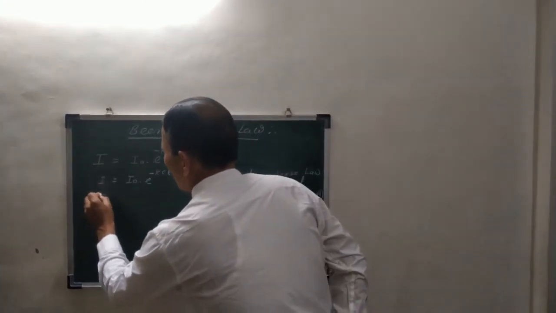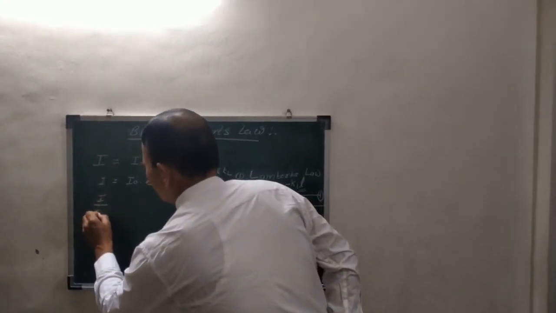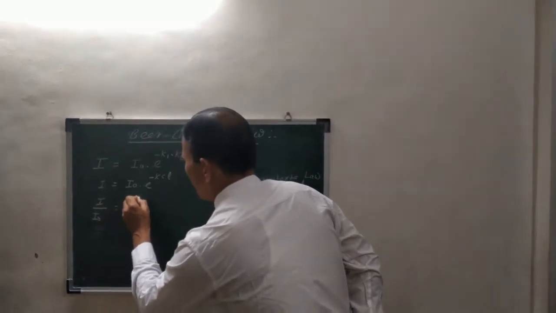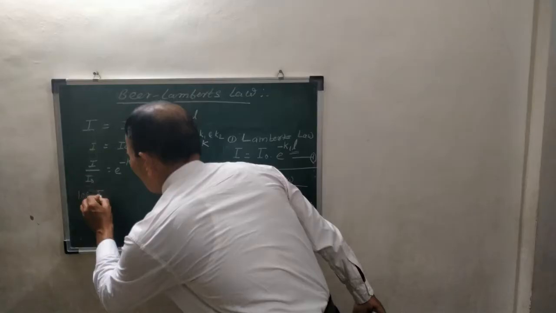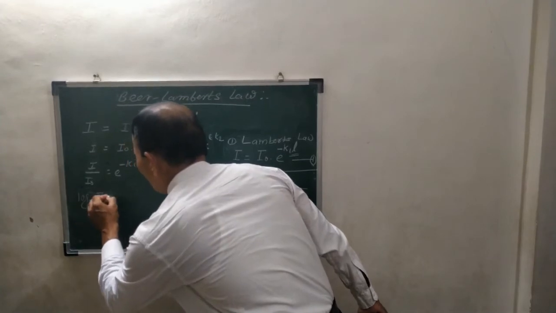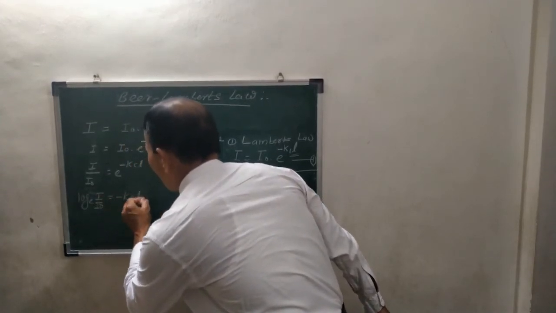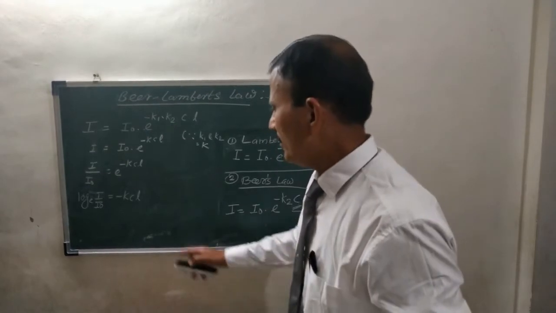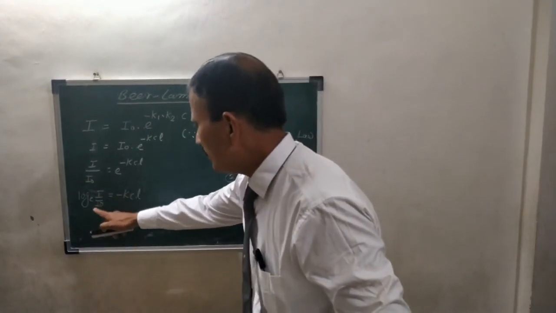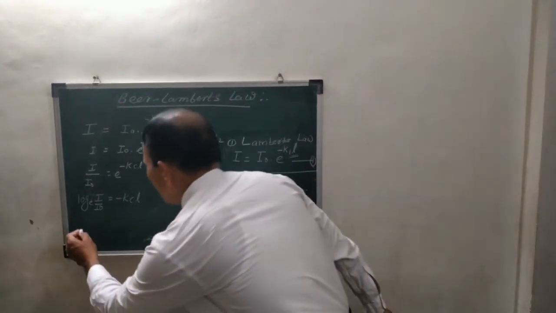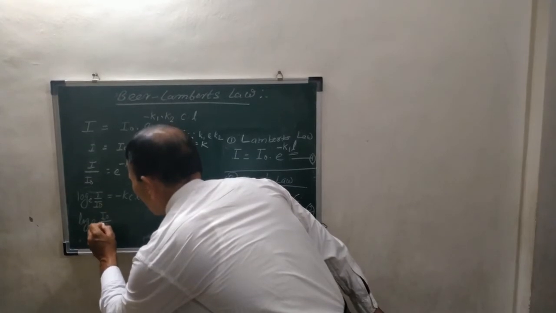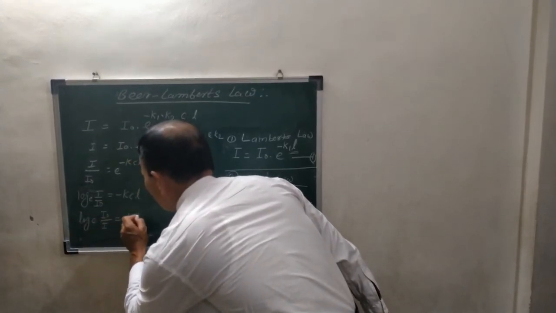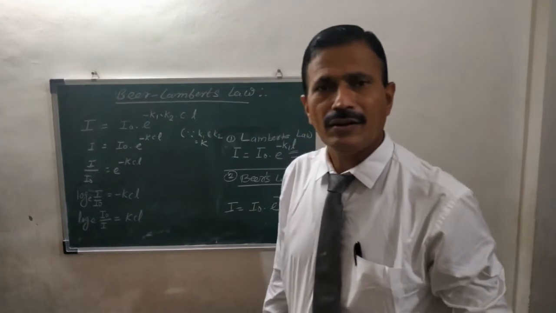When you divide this term by I0, you will get e to the minus KCl. Now when you take the logarithm to base e, the numerator and denominator are interchanged, so the term becomes log of I0 upon I, and the minus sign goes out, equal to KCl, isn't it?